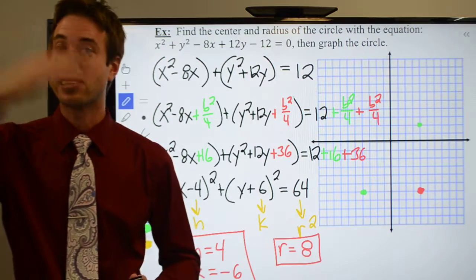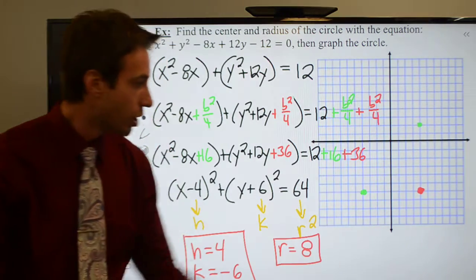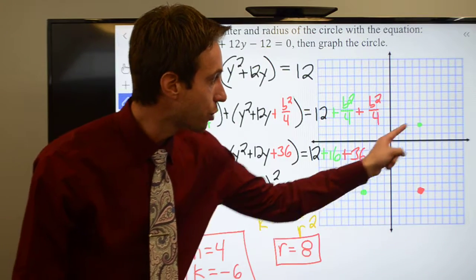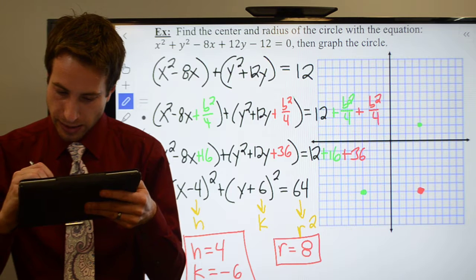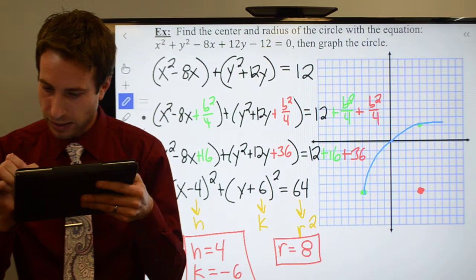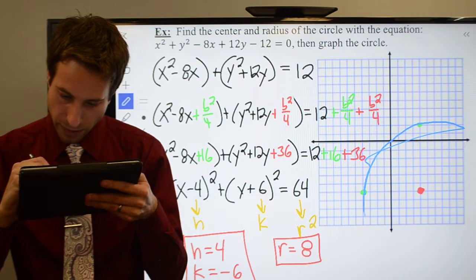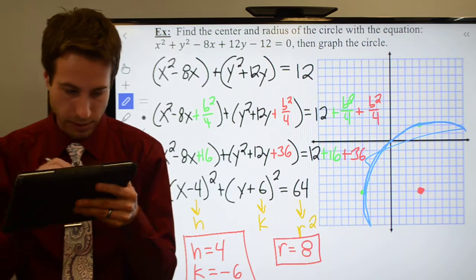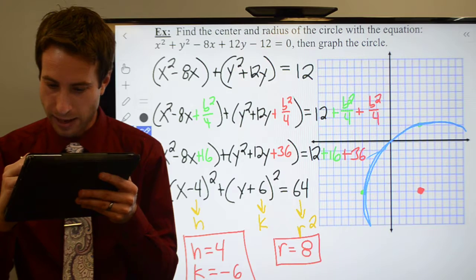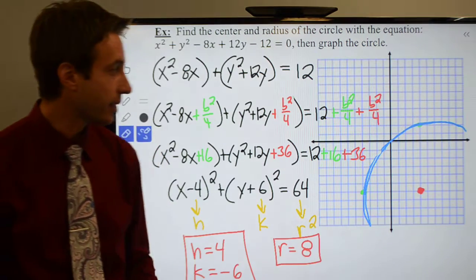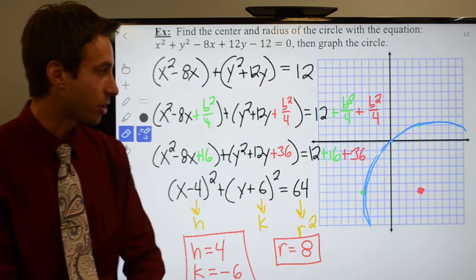I need to sketch my circle so that it runs through those points around my center. And I think that something that looks kind of like that is actually not too terribly bad. I'm slightly impressed with it. I'll take that. That's a pretty good sketch.